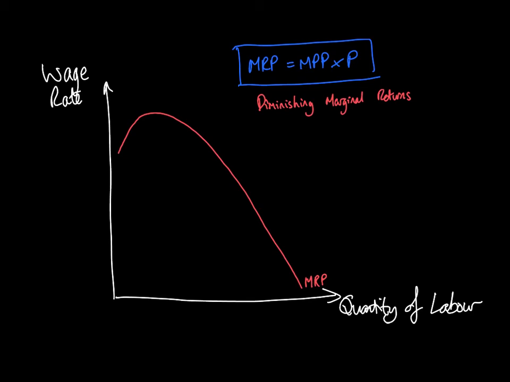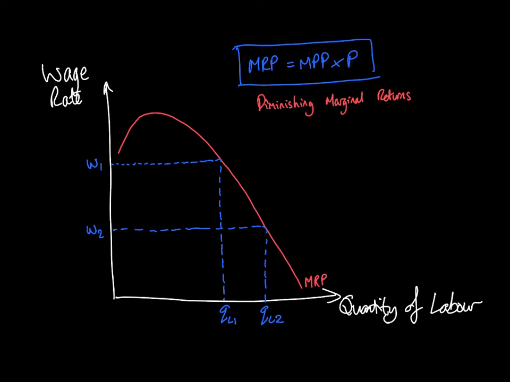So if we take a couple of points here as examples, we'll take a point here, and a point here, and we'll call this W1, and this W2, and this QL1, and this QL2. What we've got here is that at W1, only the workers that have a higher MRP than W1 will be employed.